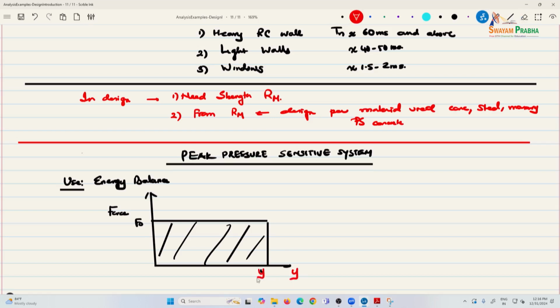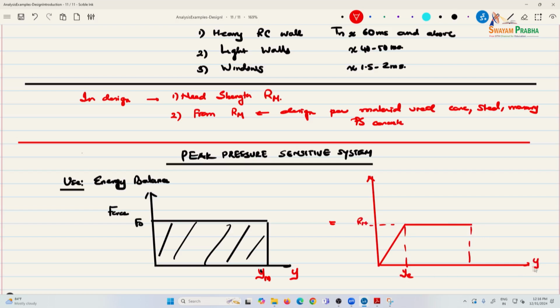So this is y max. We assume that the force remains constant over the entire displacement. The response we have seen even in the previous example, so we'll use the same idea there. This is Rm versus y, ye and ym.